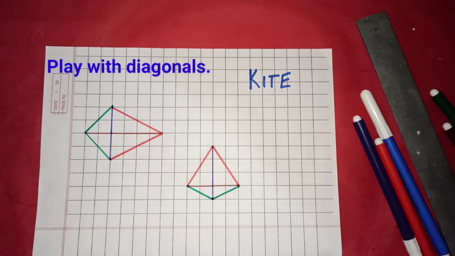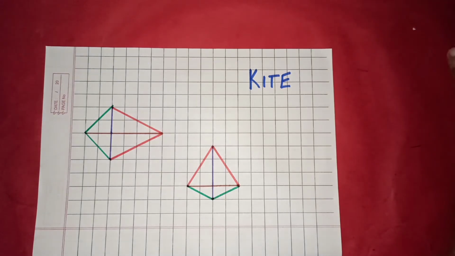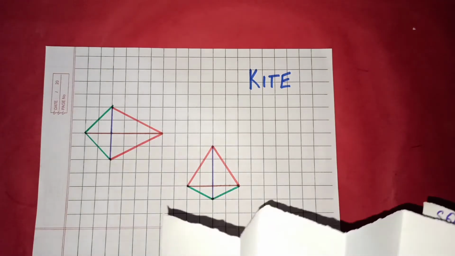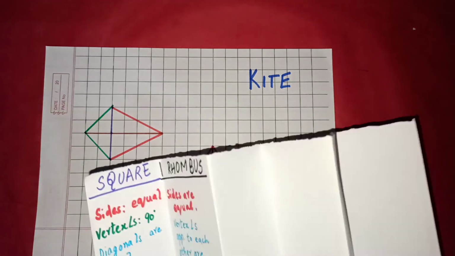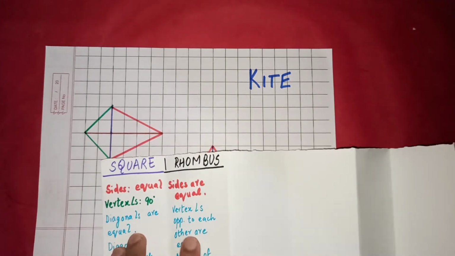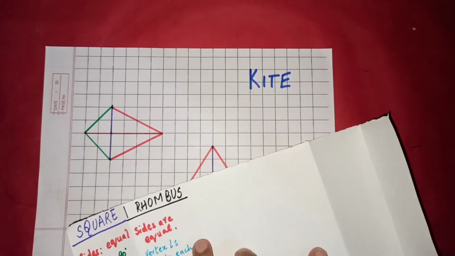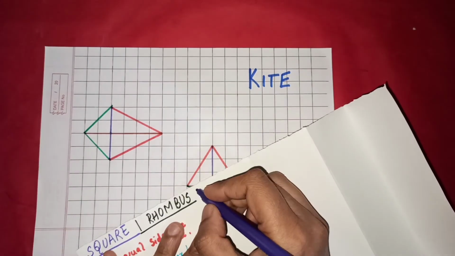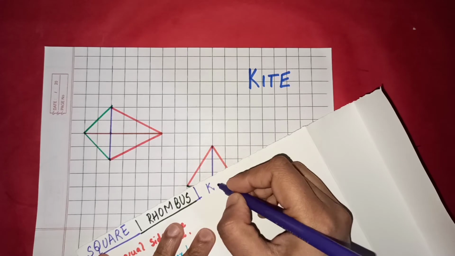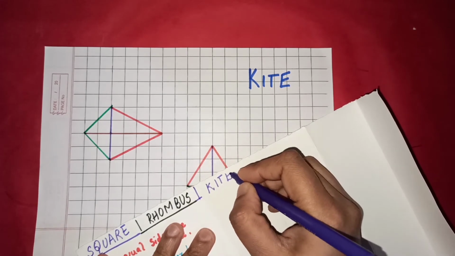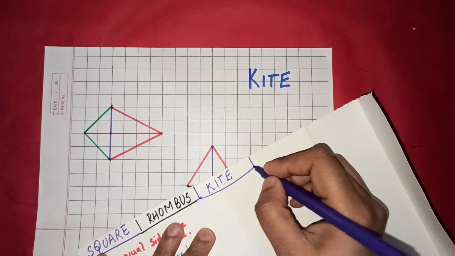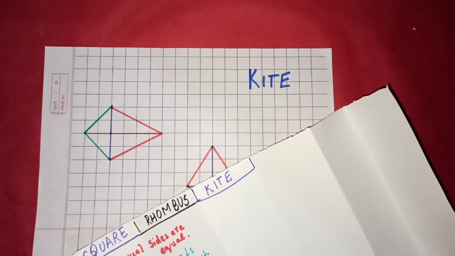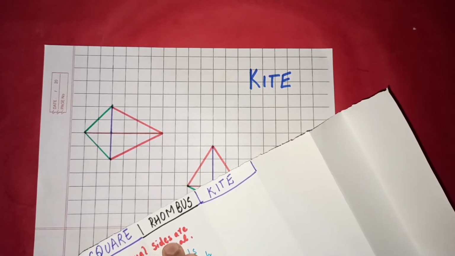So now we are going to write our set of properties in our foldable, which we have created in our previous videos. So let's do it for the kite also. First, the sides.